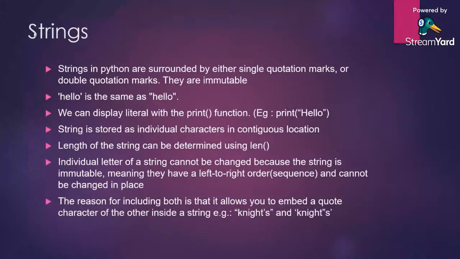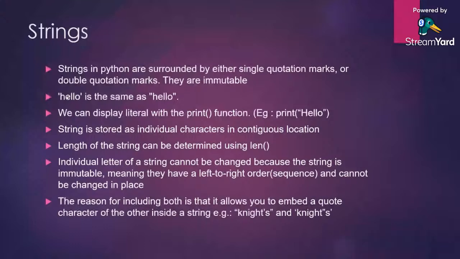Strings in Python are surrounded by either single quotations or double quotations. Why we use both, we already discussed as well. If you remember, try to recall that. So in single quotation, hello is the same as double quotations, hello.